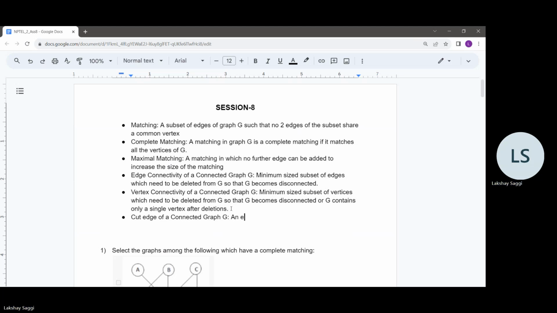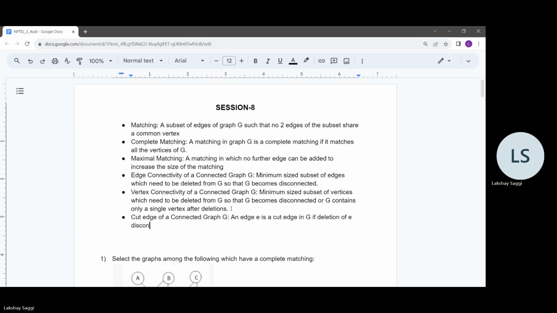So an edge e is a cut edge in G if deletion of e disconnects G. So if deleting that edge results in the disconnection of G, which was initially connected, then that edge e is a cut edge.